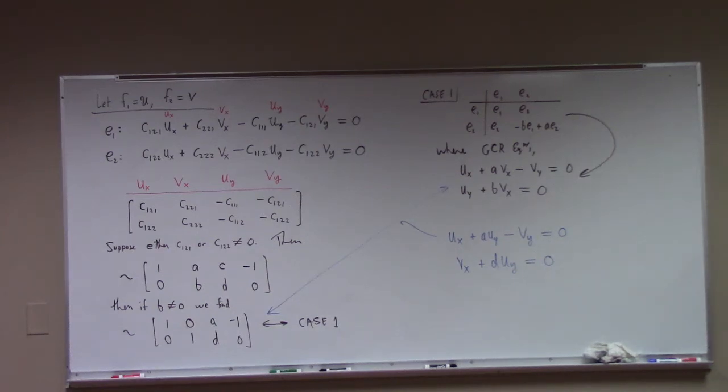The type 2 Cauchy-Riemann equations are ux plus a uy minus vy equal to 0, and also vx equal to 0.